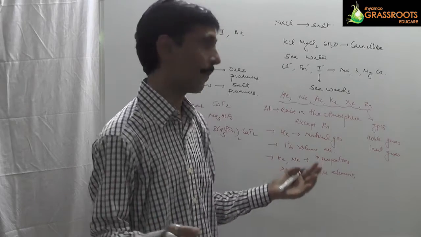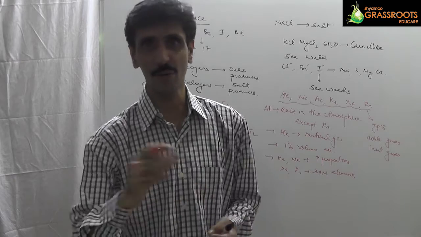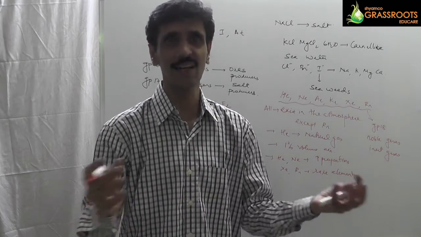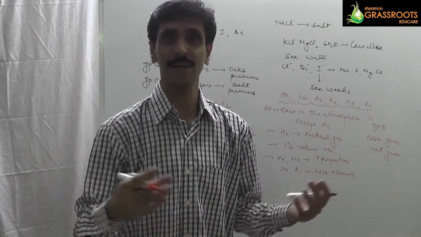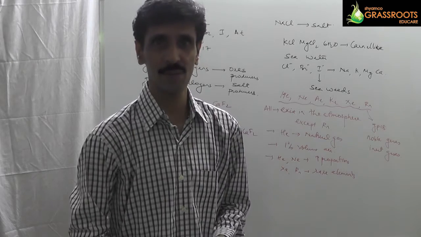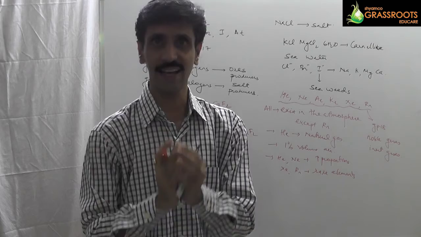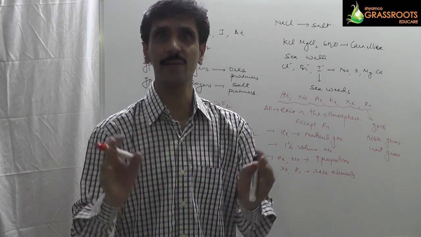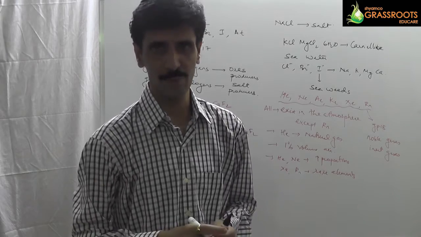We have compounds of these elements now discovered, but the conditions are not normal. We change the conditions in terms of proportion, temperature, pressure, etc., and then these compounds can be formed. But under normal conditions all of these exist as gases and their chemical reactivity is low, and therefore they are called noble gases or inert gases.